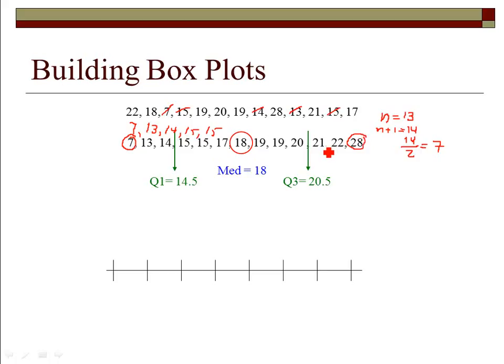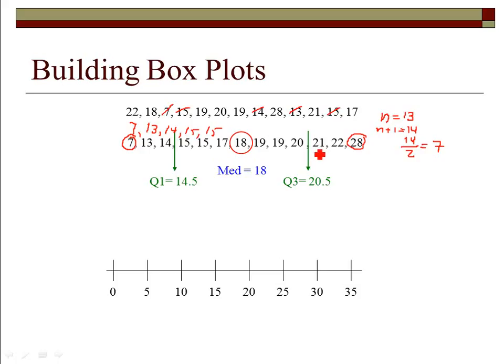Nice numbers, either even numbers or multiples of 5, are a good idea. So I'm just going to go 0, 5, 10, all the way up to 35, even though I'm not going to go all the way out with the numbers. It's good in the sense that if you have to show a comparison of 2 data sets, you can stack them on top of each other so you can compare.